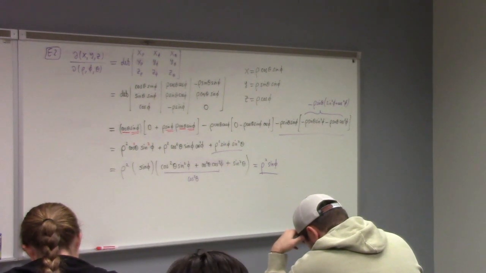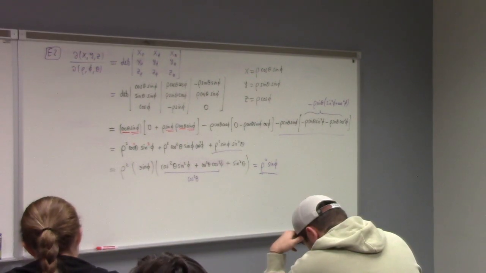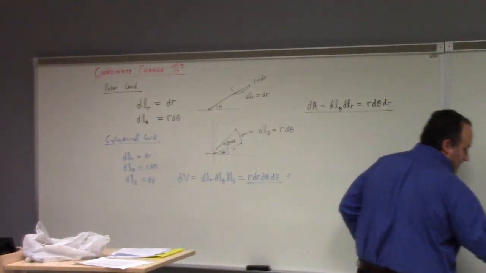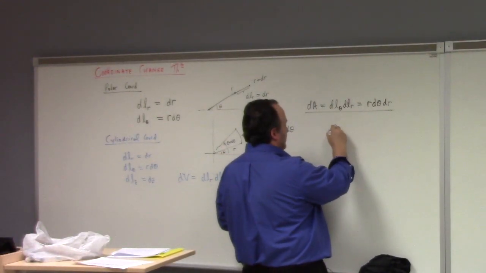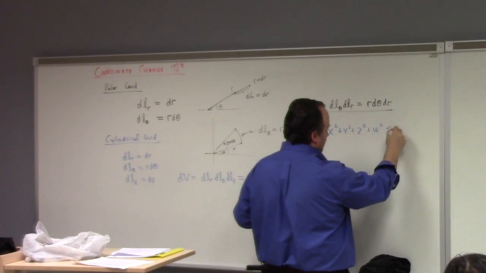So you asked me, like, how would we do a four-dimensional integral? The answer is basically by the same means we've already been doing. Like, here's a horrible one. x squared plus y squared plus z squared plus w squared less than or equal to 1.